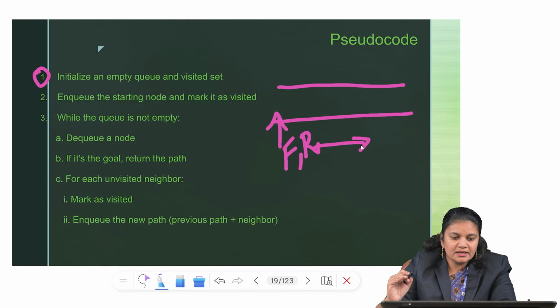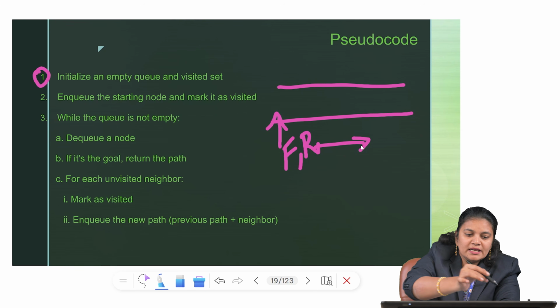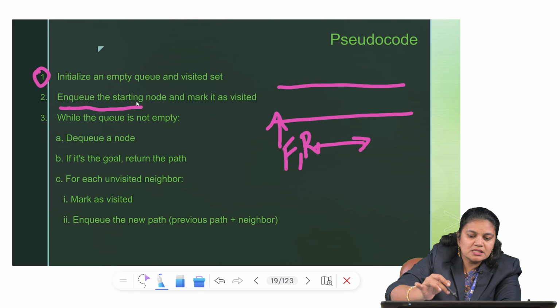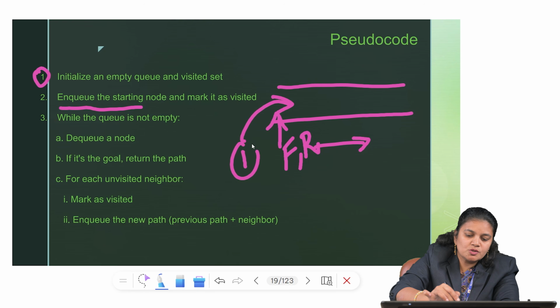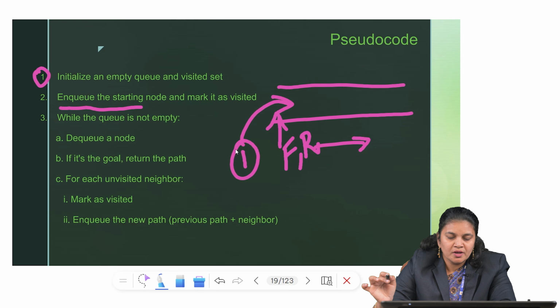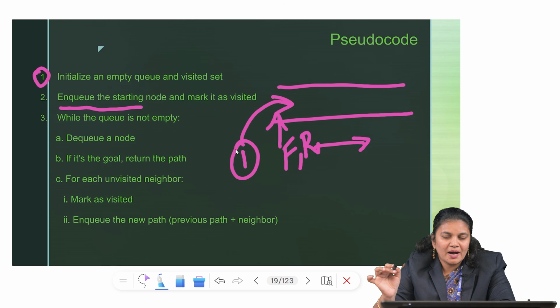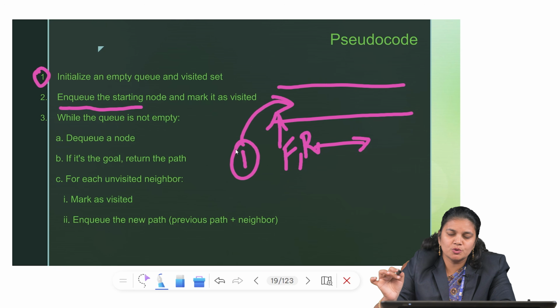And the second thing is, the starting node is enqueued. That is, the first node, we are keeping it into the queue. So if 1 is the first node, we can keep it into the queue. Now, when we are marking it as visited, it means we are exploring its children. All those elements are entered into the queue.